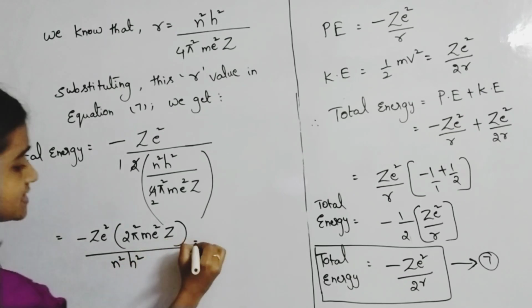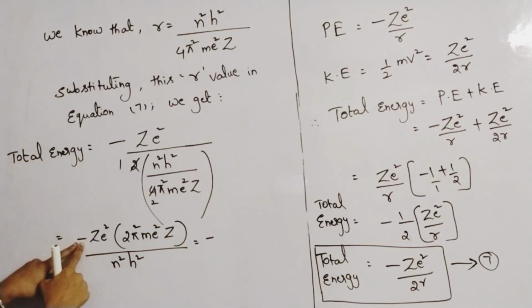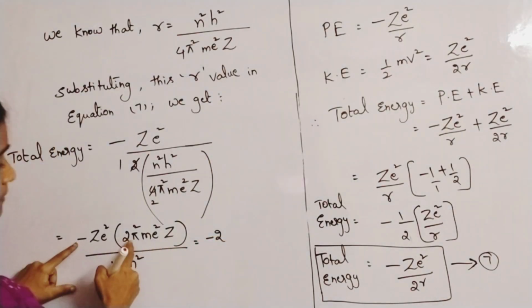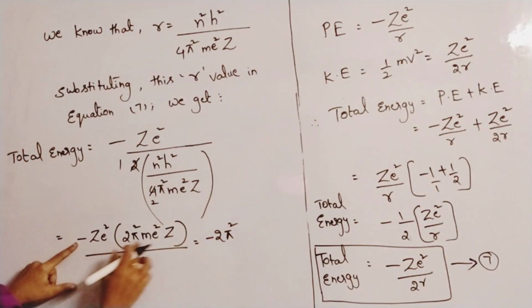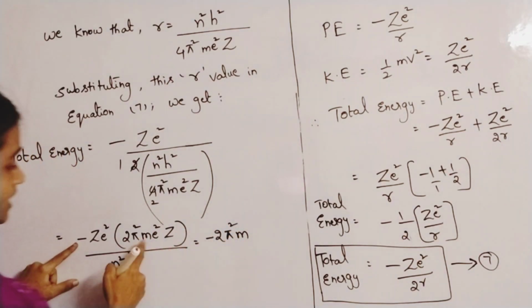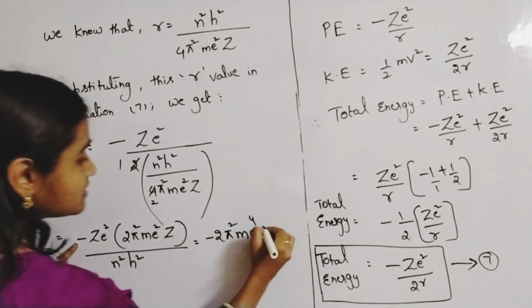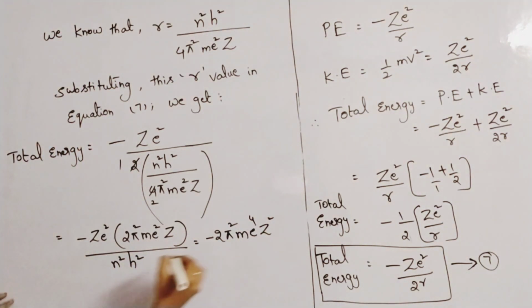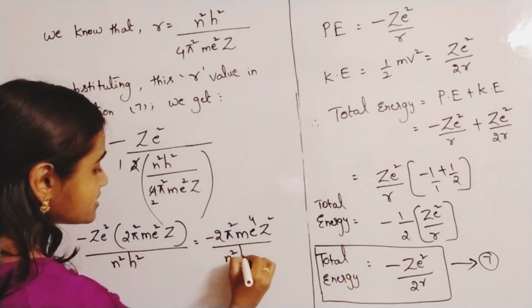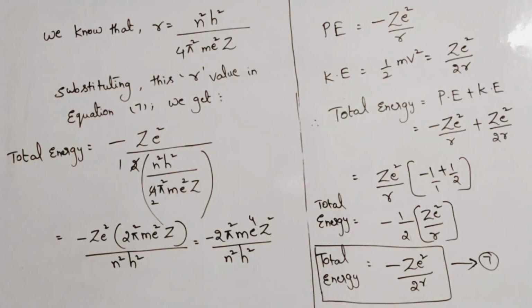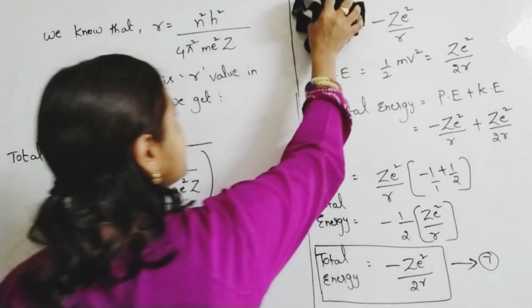So that is equal to minus, keeping the minus sign as it is, 2 pi square m e square into e square, e power 4, z into z, z square by n square h square. So minus 2 pi square m e power 4 by n square h square is the expression for total energy.